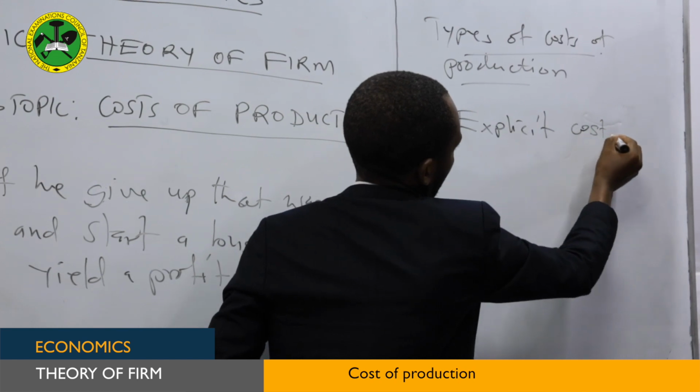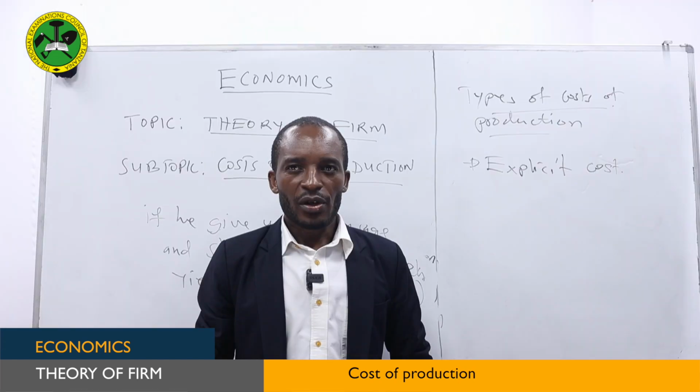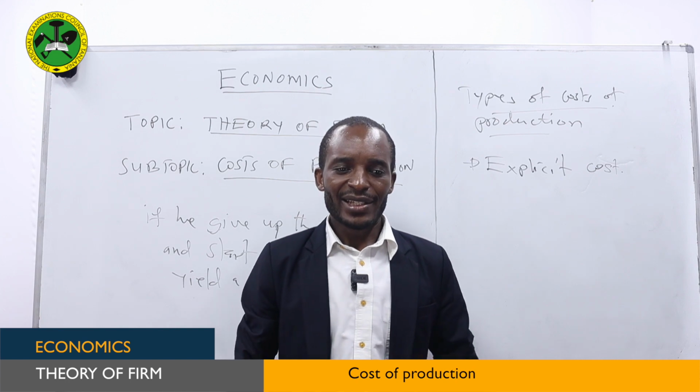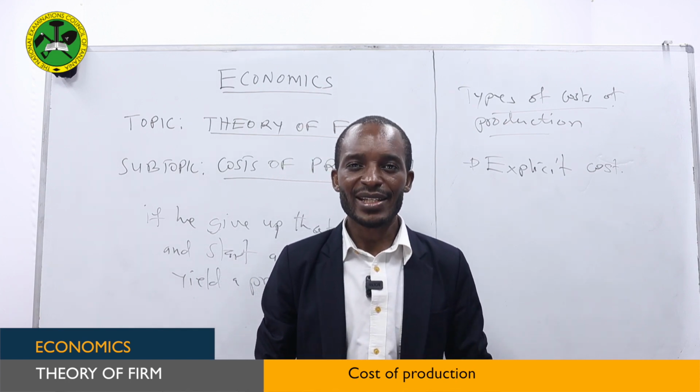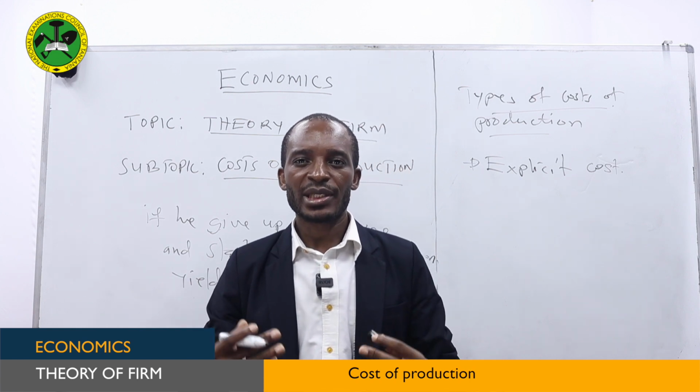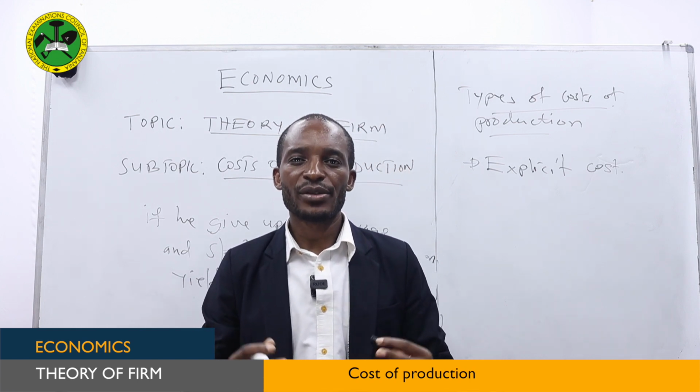So explicit costs are expenses or the actual payment that a firm or a business pays when you use factors of production or when you use inputs.